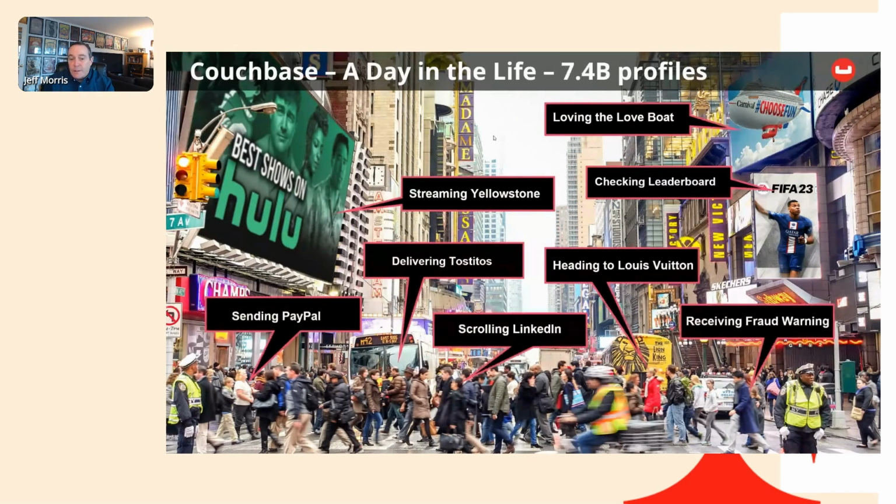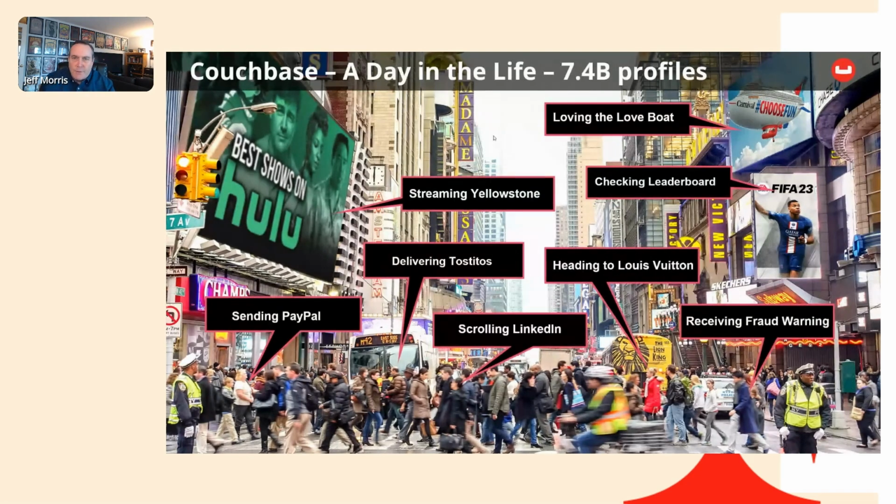If you go into a Louis Vuitton and they start to show you their entire catalog of inventory on a tablet, that's actually Couchbase. And if you're going on a cruise on Princess Cruise Line, or you're playing EA Sports and looking at your leaderboard, those are example Couchbase-oriented applications that are pretty familiar with people every single day.